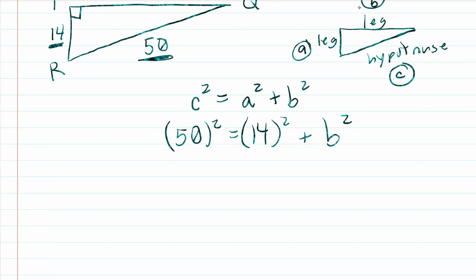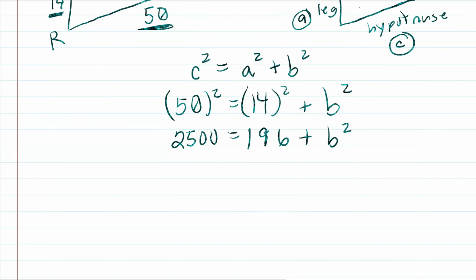So we go ahead and crunch the numbers. 50 squared is 2,500. 14 squared is 196. And then plus b squared. Just do a little bit of algebra. Subtract 196 from both sides. Subtract 196 from 2,500, you get 2,304.